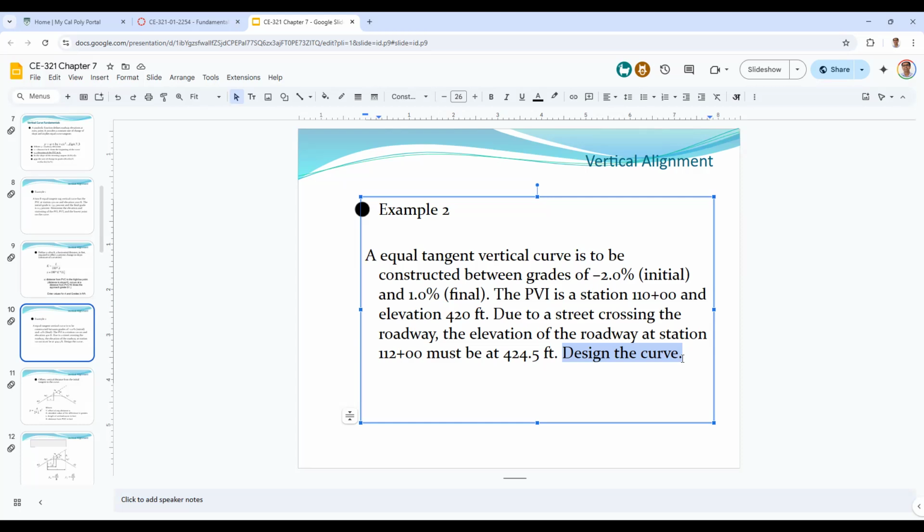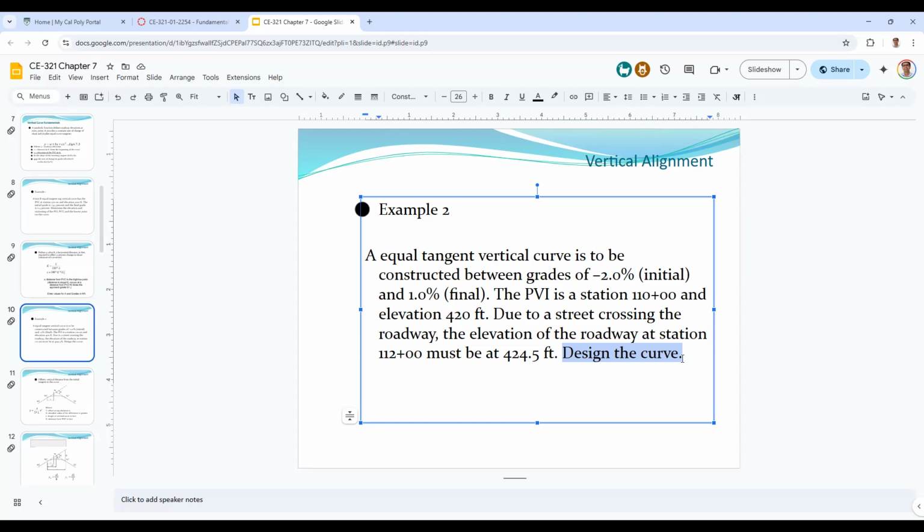So y, the elevation of any point on the curve, must be equal to A, which is 420 plus 0.01 L, right? So this is my A, plus bx, plus cx squared. B is just G1, minus 0.02, so minus 0.02 x, plus c x squared.